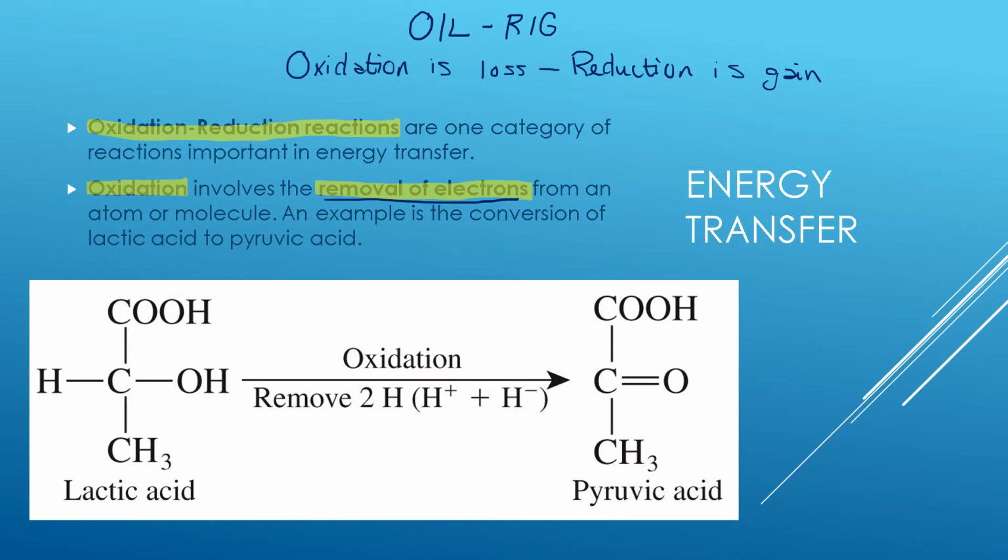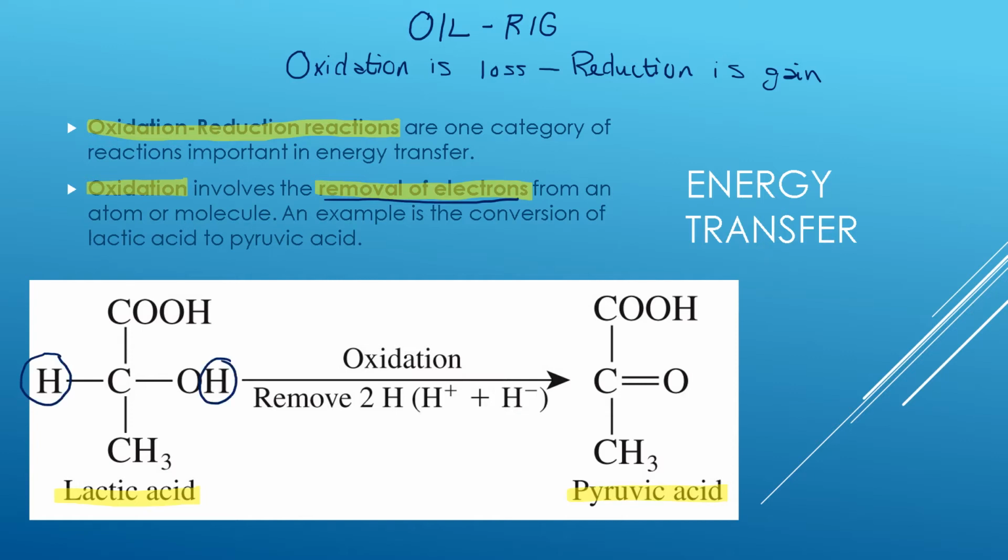So an example of an oxidation reaction is going to be this reaction right here at the bottom. This is the conversion of lactic acid into pyruvic acid. So in this reaction, hydrogen atoms are removed as one hydrogen atom and one hydroxide ion.